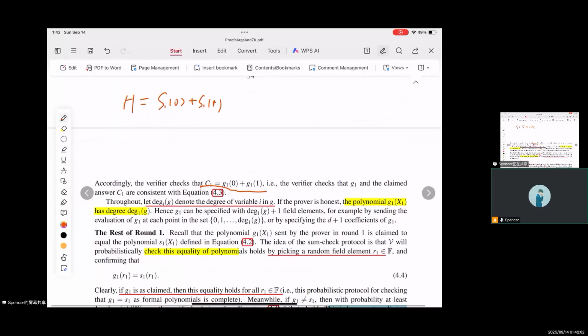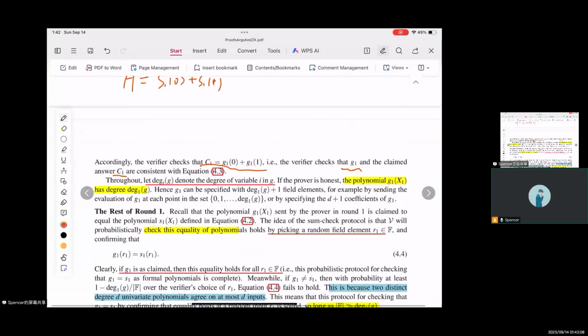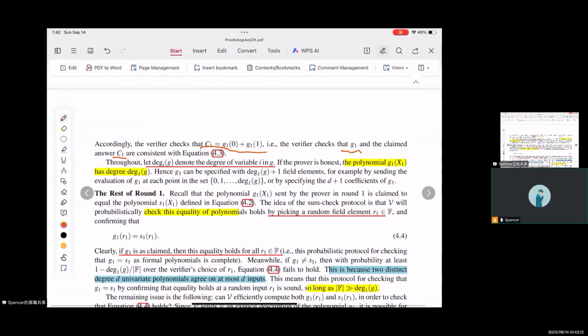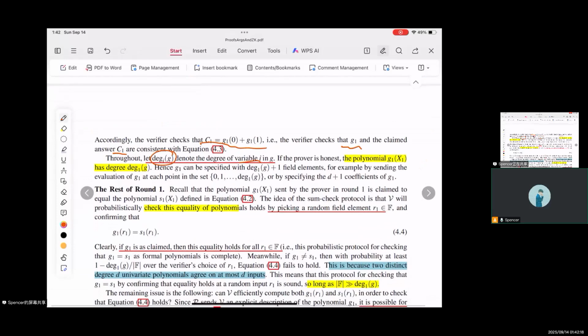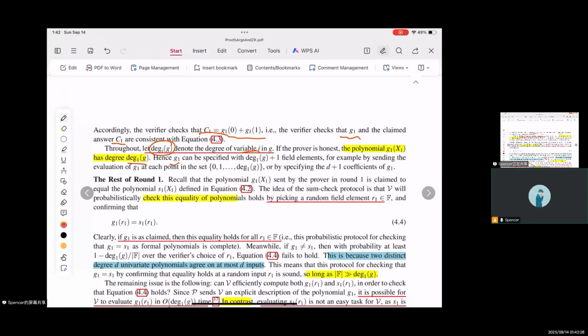So accordingly, the verifier checks that g1 and c1 are consistent with the equation. Let d_i denote the degree of variable i in the polynomial g. If the prover is honest, the polynomial g1(x1) has this degree. And how can g1 be specified?